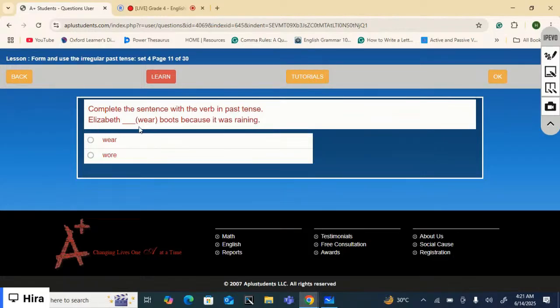Elizabeth blank boots because it was raining. Well, who likes rainy season? Elizabeth wear or wore boots because it was raining. Which one is correct? What is the correct past tense of wear?